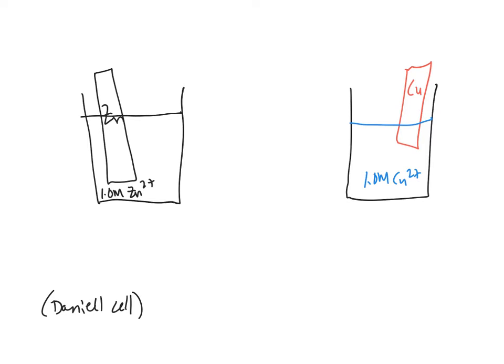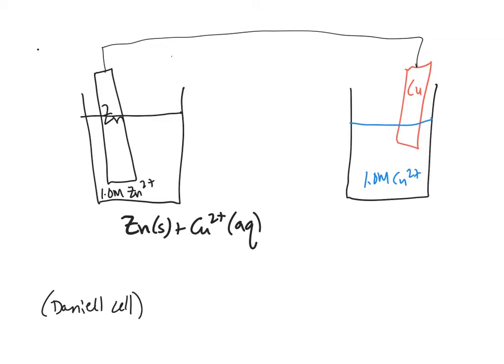So if we connect these two things with a wire, I'll make the wire nice and thin here. The idea then is simply that electrons are going to naturally flow from the zinc to the copper 2+, as he went through. The inherent ability of copper to gain electrons compared to zinc is higher, and we'll talk more about that tomorrow as well.